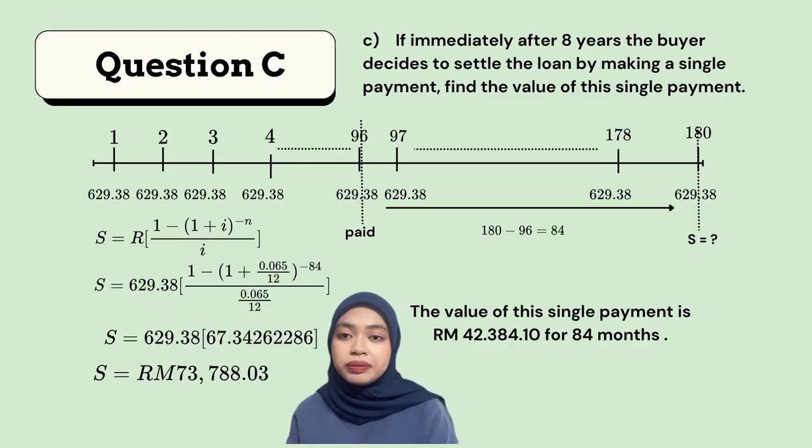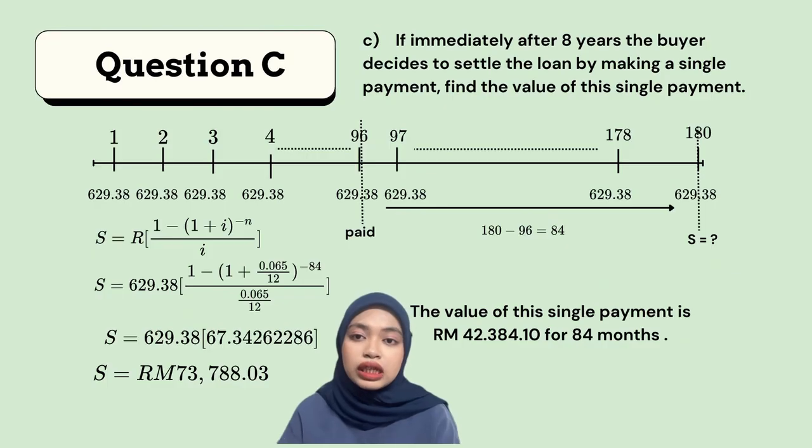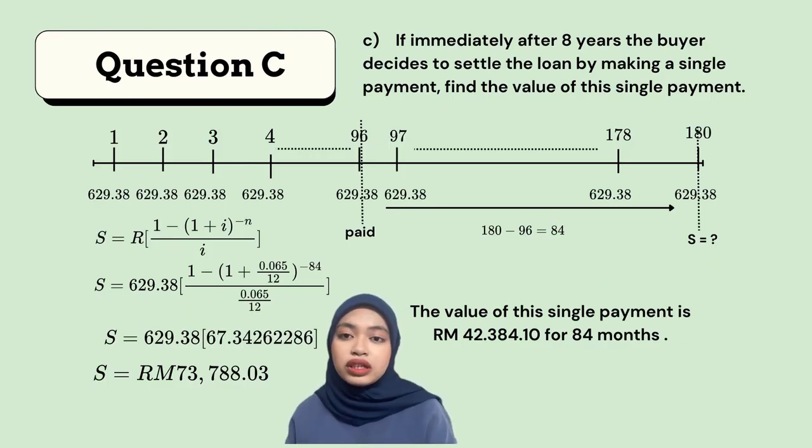Using the outstanding balance formula, the single payment is RM42,384.10. So for the conclusion, this demonstrates how compound interest and a long loan period significantly increase the total cost of purchasing the car.